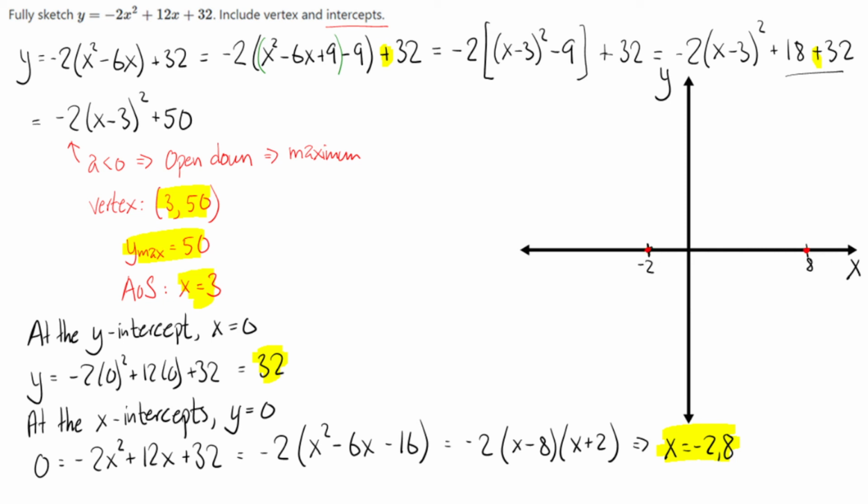Okay. And then we have our y-intercept is 32. So clearly this is not going to be to scale. Okay, that's 32.